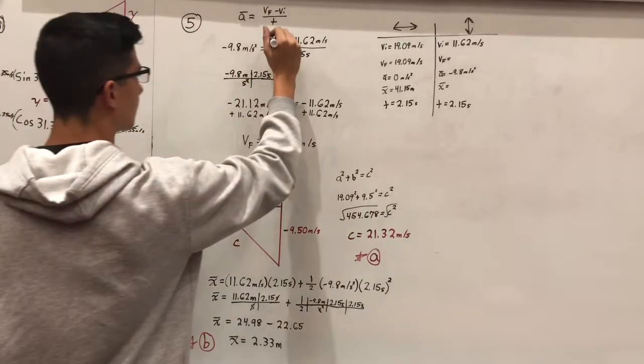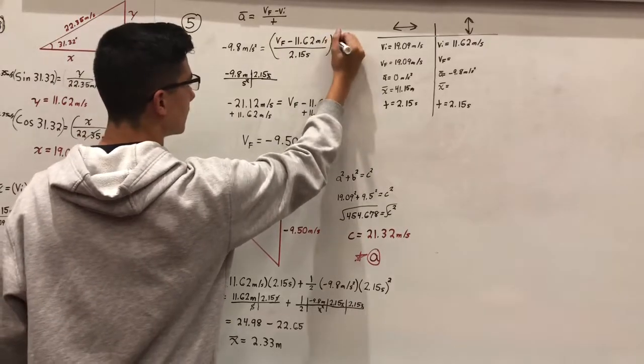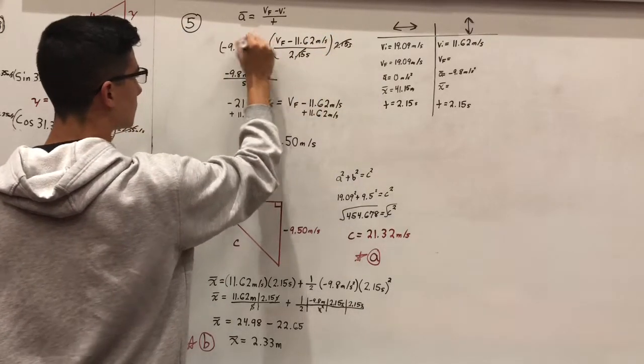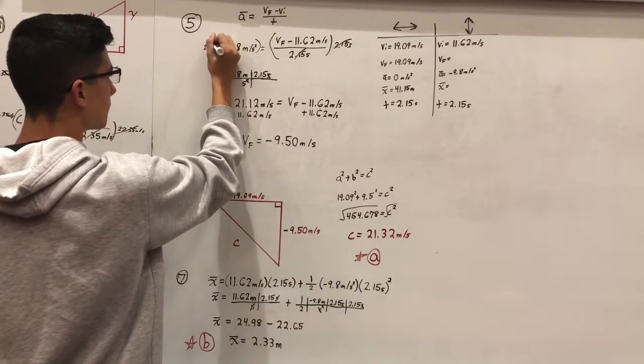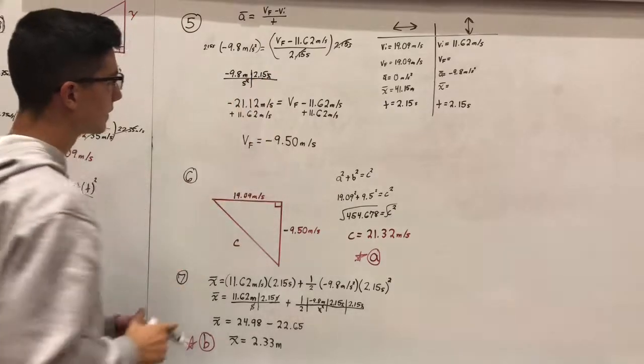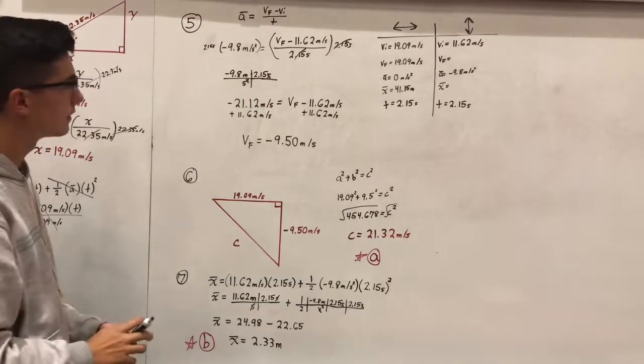And we could just multiply by 2.15 seconds to get rid of the denominator. And that done out, you can see as the seconds cancel, and it'll just be meters over seconds.